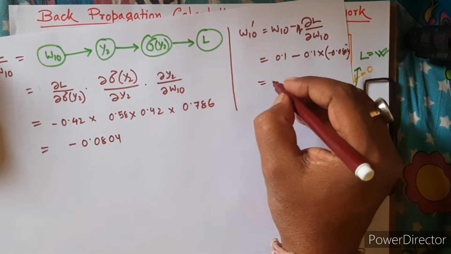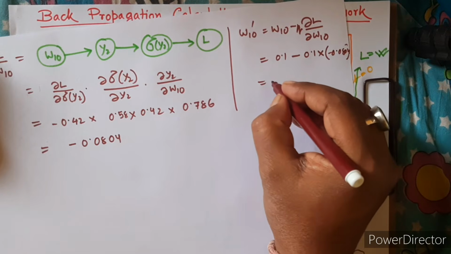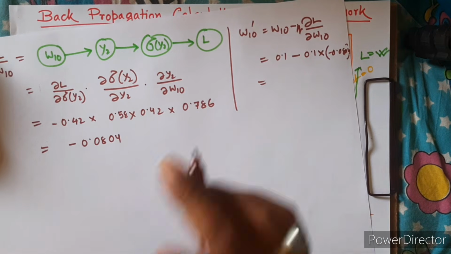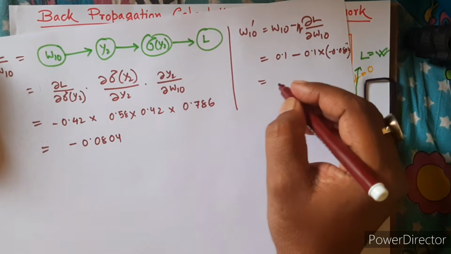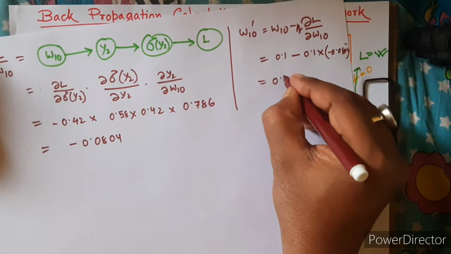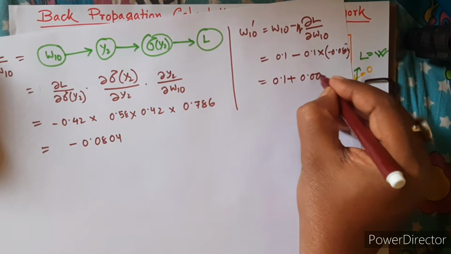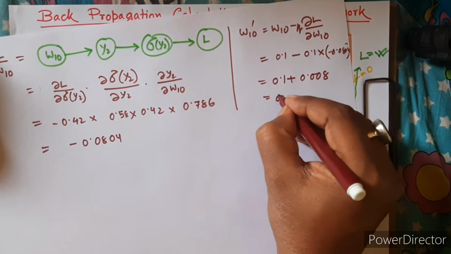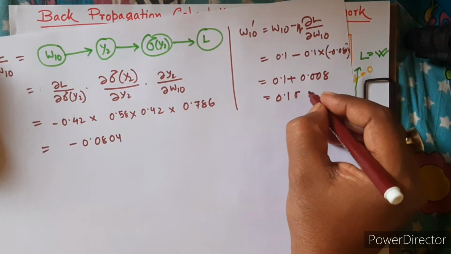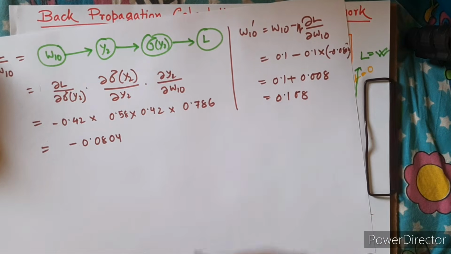So it will be 0.1 plus 0.008, which is 0.108.